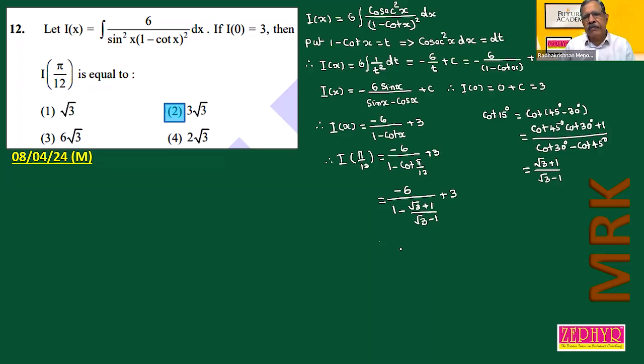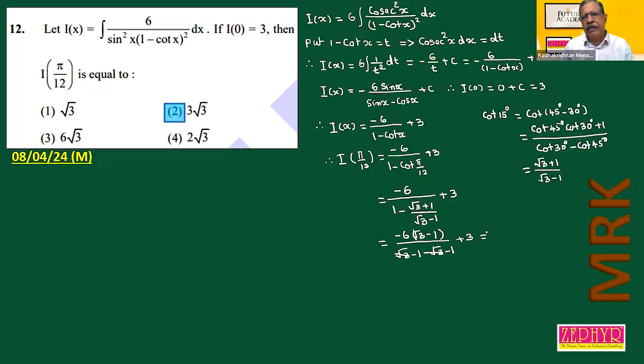When you take LCM, you are getting minus 6 into root 3 minus 1 in the numerator. Denominator: root 3 minus 1 minus root 3 minus 1, plus 3. So root 3 and minus root 3 get cancelled, and in the denominator you have got minus 2.